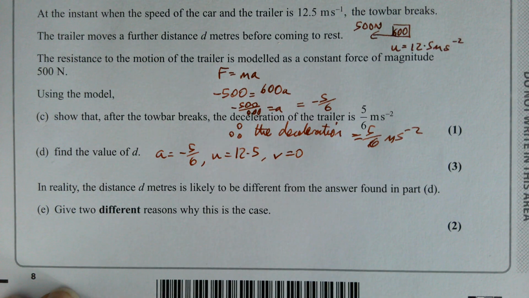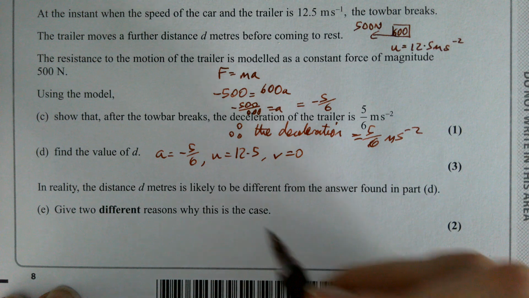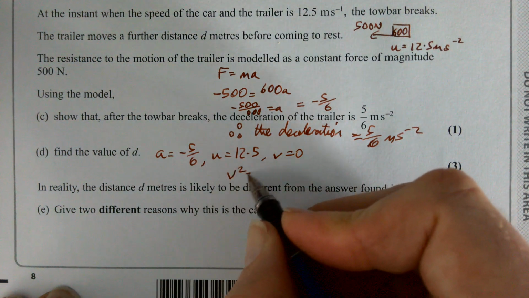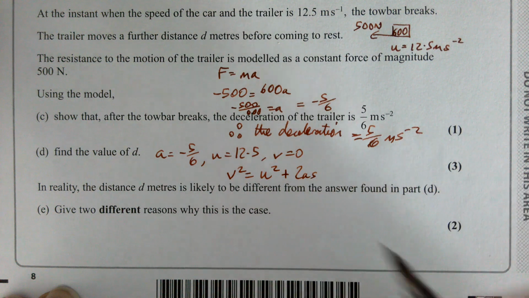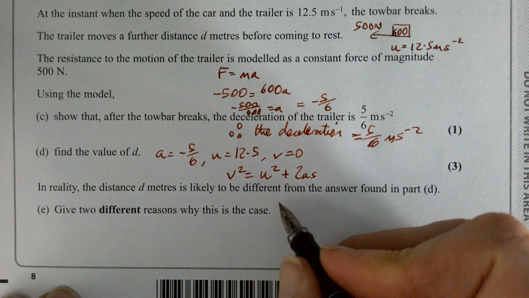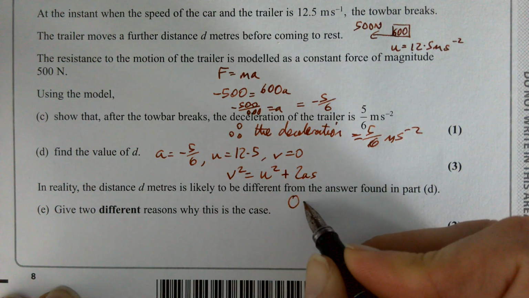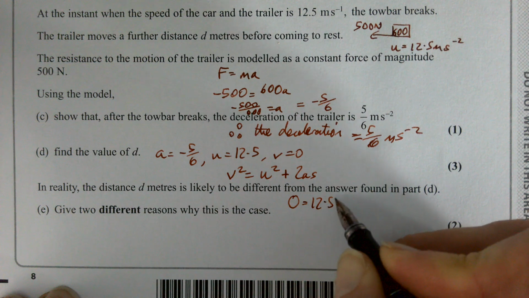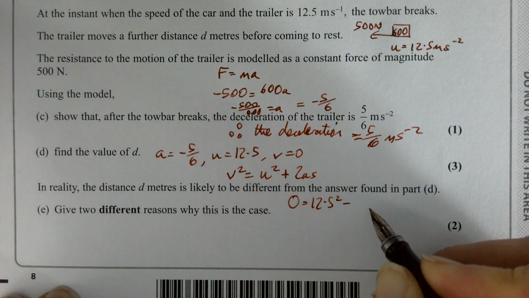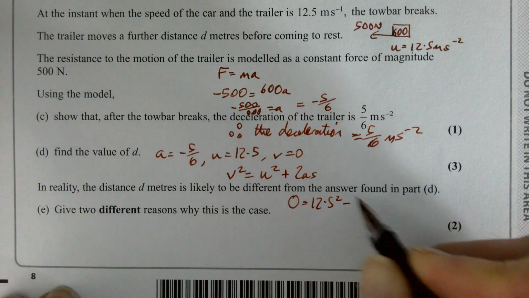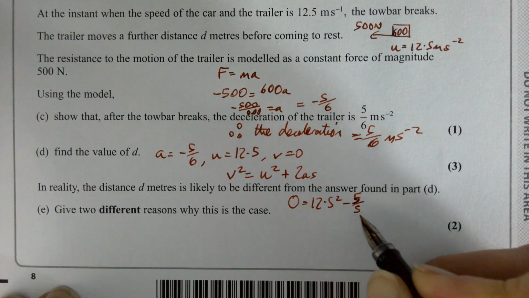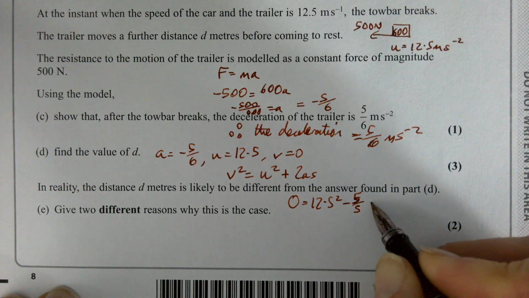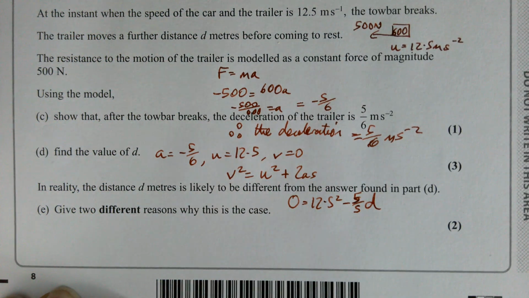Looking at the suvat equations, if you use v squared equals u squared plus 2as, that's going to give us 0 squared equal to 12.5 squared minus 5/3 d, if we use d for the distance.